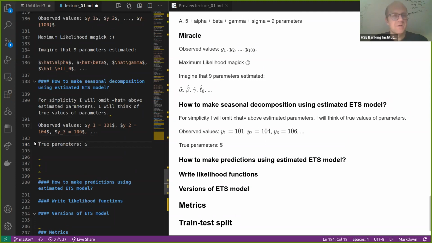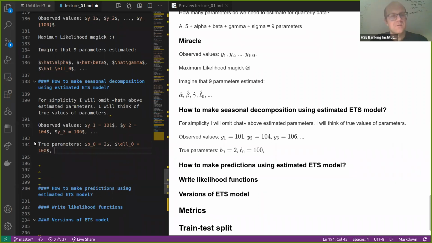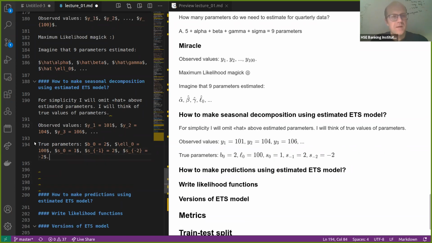Let's imagine that B0 is 2, L0 is 100, S0 is 1, S minus 1 is 2, S minus 2 is minus 2. And that's all.